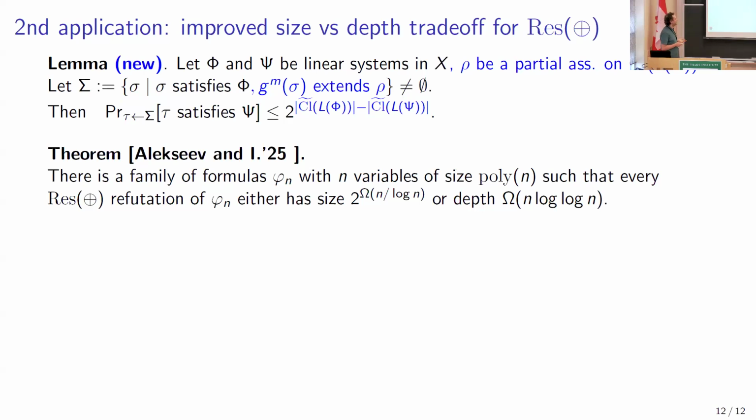It's interesting because this depth is better than just n. And the formulas phi n in this result actually have lifted structure, lifted formulas, and we use the same proof, but in the analysis we use our lemma, and we are able to prove depth up to omega of n log n.